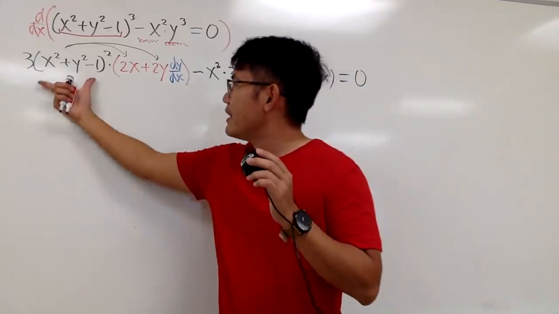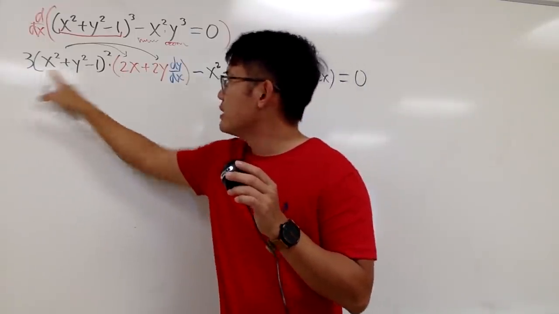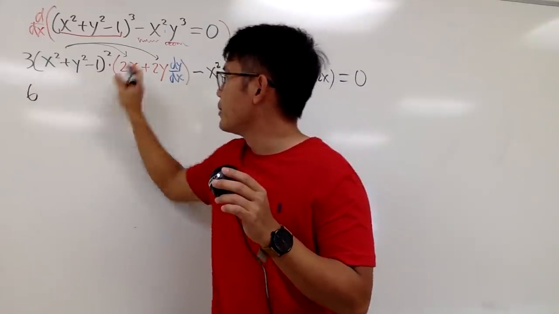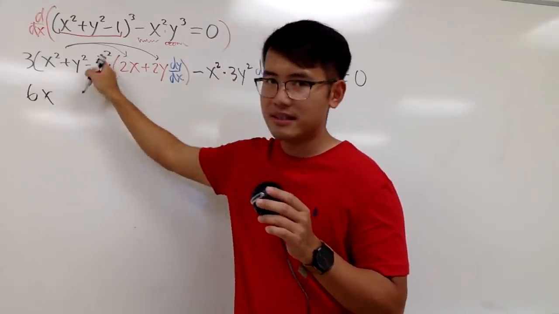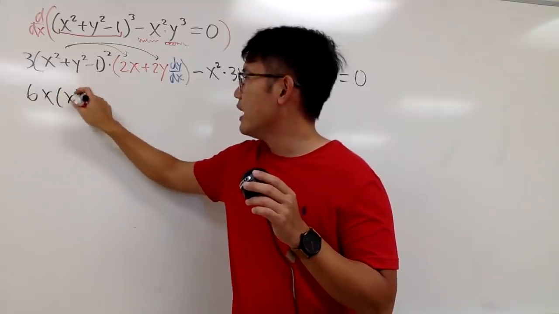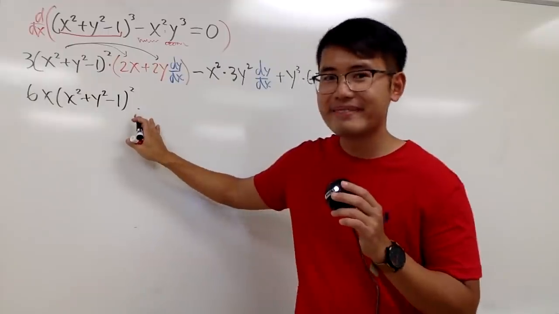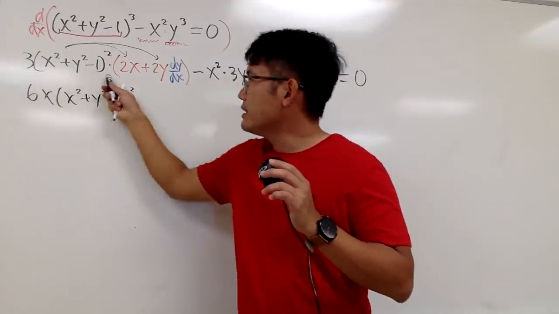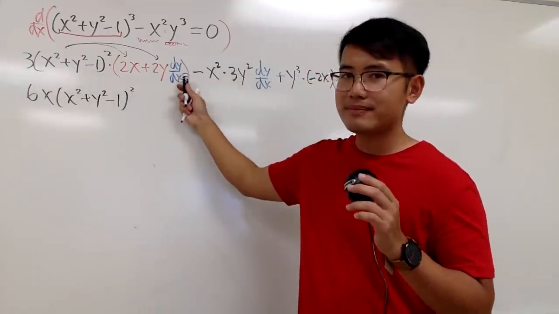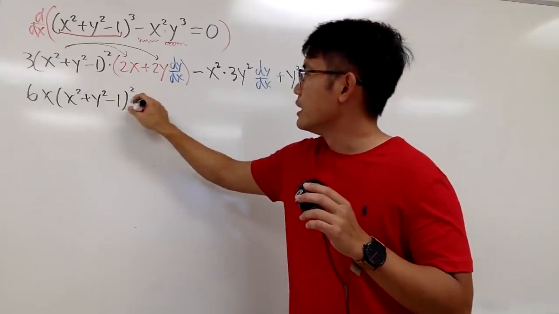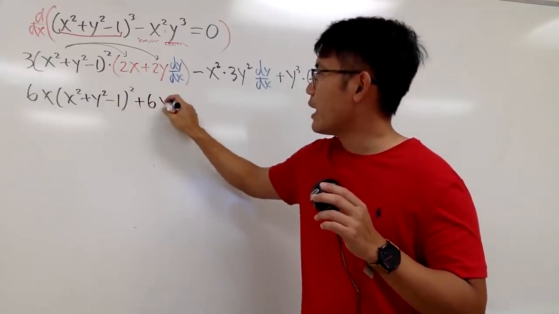Here we go. Take this times 2x. 3 times 2, that's 6, and then we put on the x, and this thing stays, so I'll just write down parentheses x squared plus y squared minus 1, and then square. Next, we take this times 2y dy dx. So 3 times 2 is positive 6, and then we have the y.